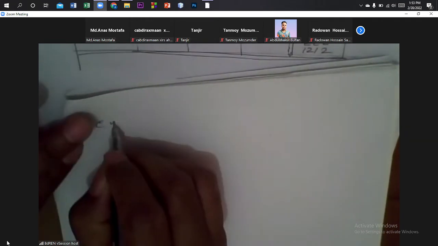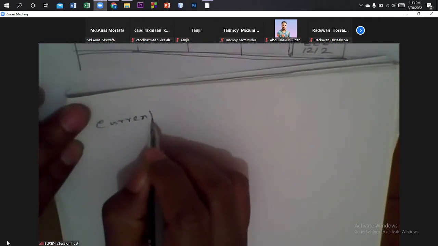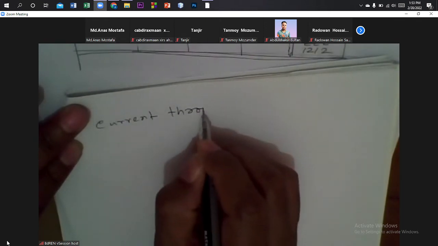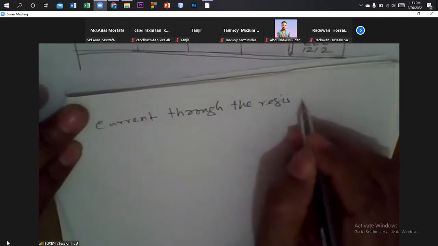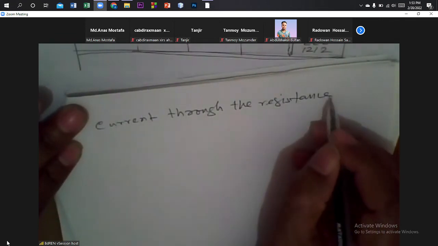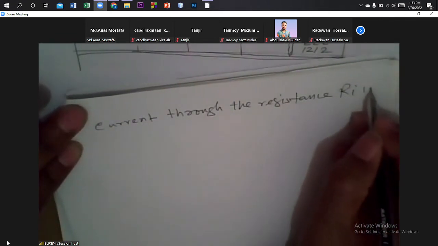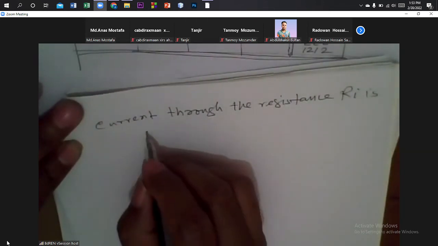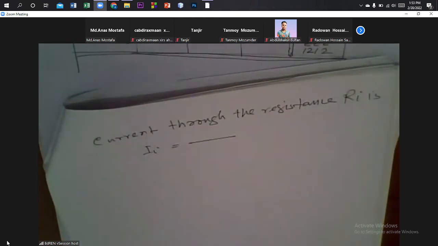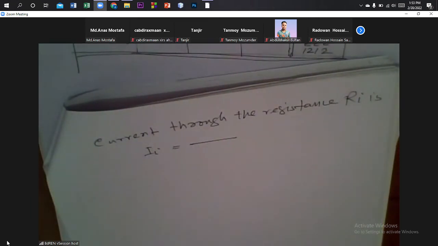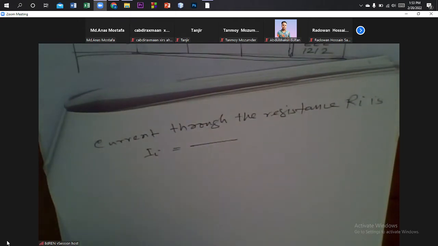Current through the resistance Ri is Ii. Write it down and go to the figure. Tell me what will be our current. Just guess. It may be wrong, no problem. Just guess. Tell me.